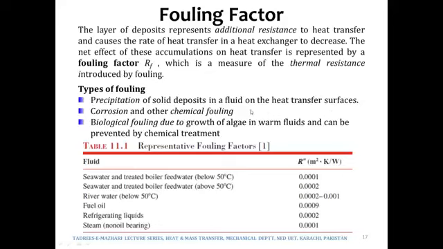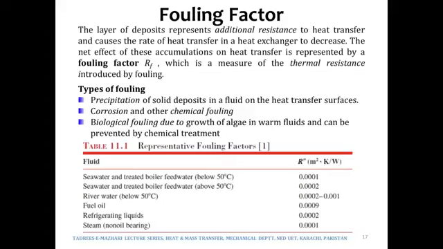For example, if it is water, in water there are different types of undissolved solids. They would also get settled down on either the inner side or the outer surface of the pipe. So that would get precipitated, and it will offer additional resistance to heat flow, and that is called fouling.